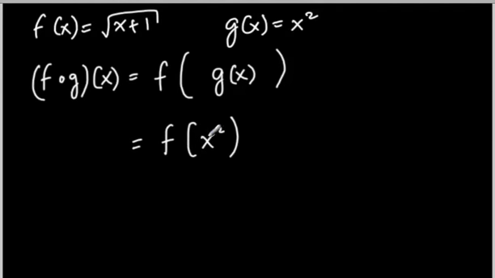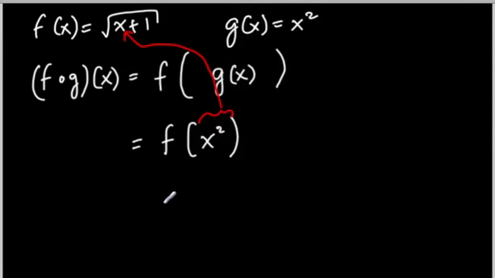Okay. Now, what do I do next? What this means is instead of x over here, we're going to replace it. This x will now be replaced by whatever the argument is over here. All right. So the argument in this case is x squared. So we're going to replace that x with x squared.